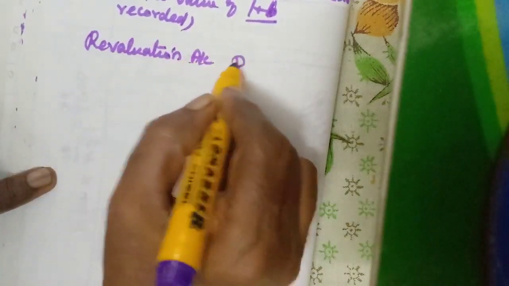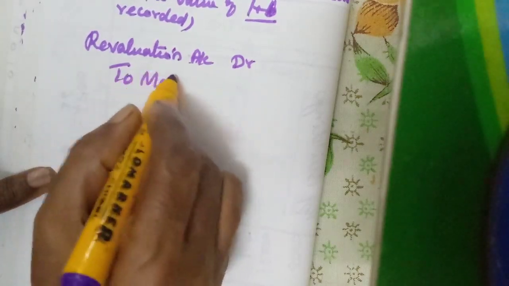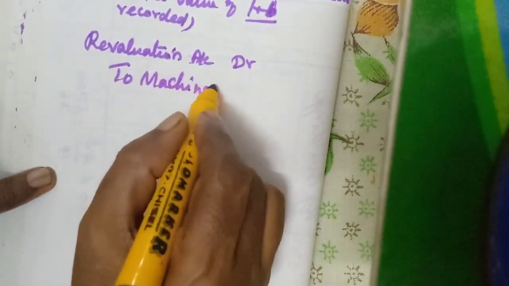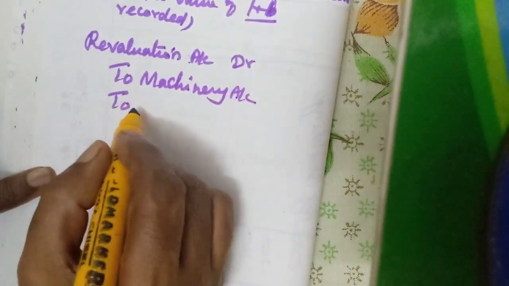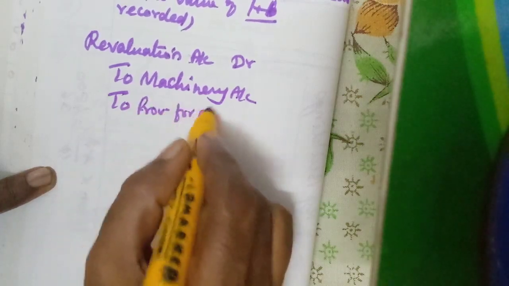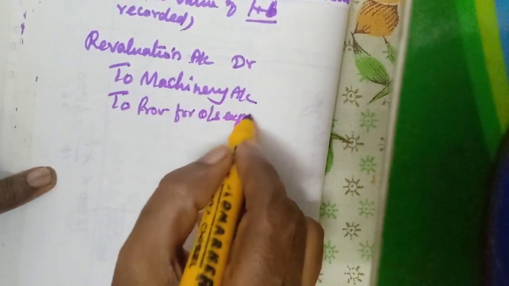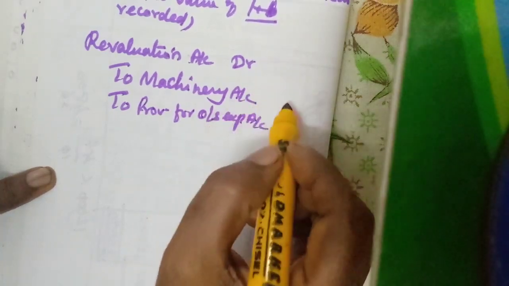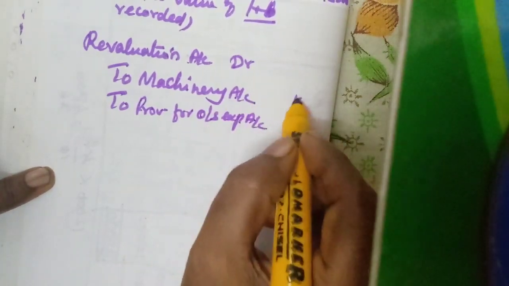Then loss item 2. So revaluation account debtor to machinery, to outstanding expense. Provision for outstanding expense. Machinery 15,000.